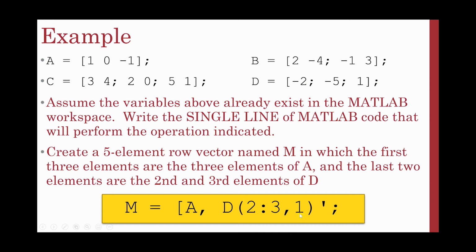If you don't put the column in, MATLAB might get a little confused, and then I have to transpose it because it was a column vector that I need to turn into a row vector.